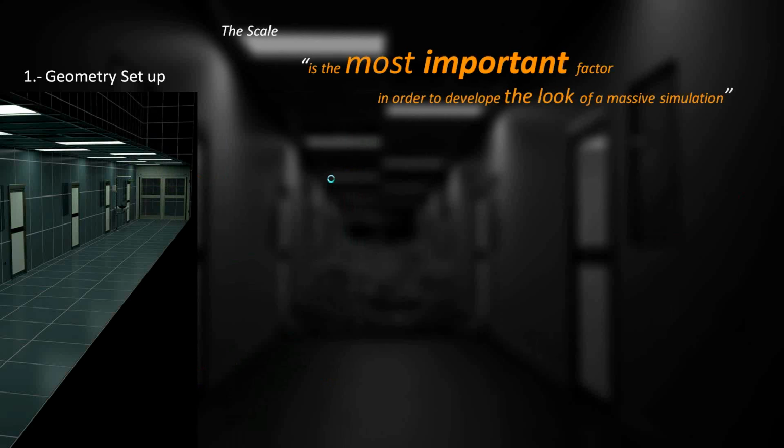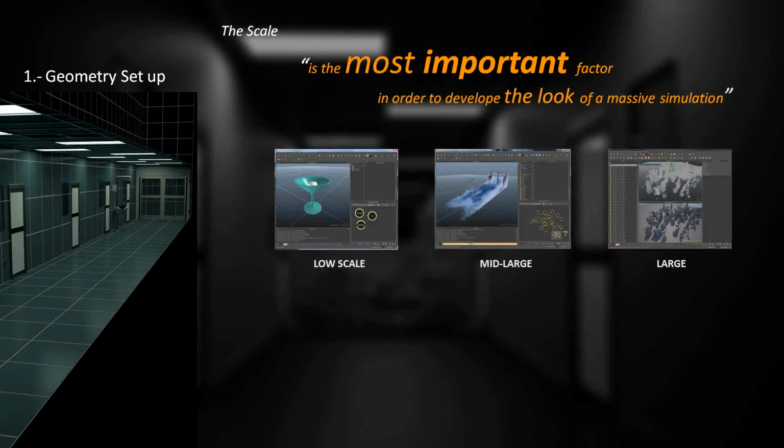This is, as I told before, in my opinion, the most important factor to achieve the look of a massive simulation: the scale. The scale is going to determine if your martini glass is going to look like a swimming pool, or if your flooding scene, city flood, is going to have the appearance of a few droplets bumping over a bunch of boxes of shoes, for instance.